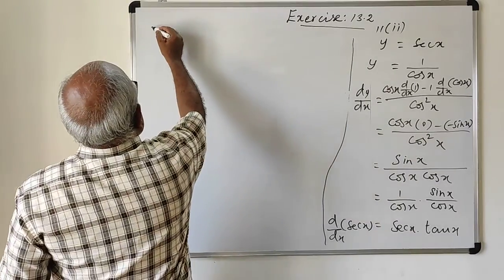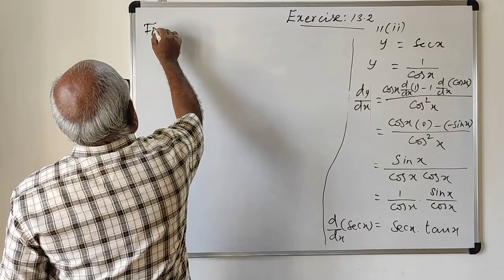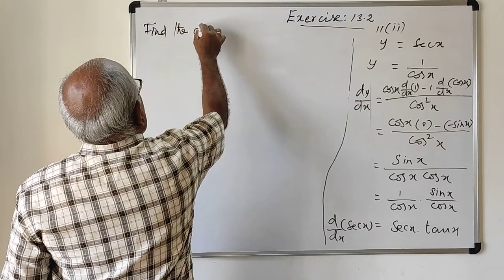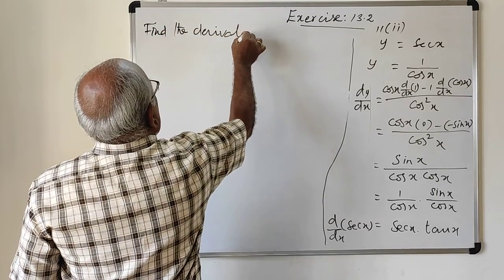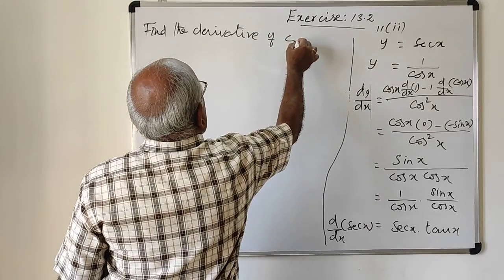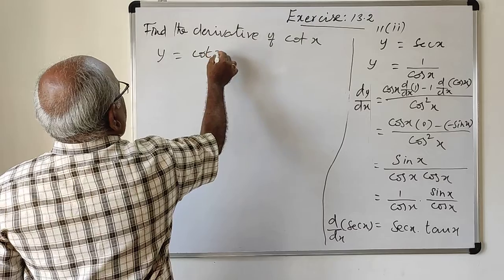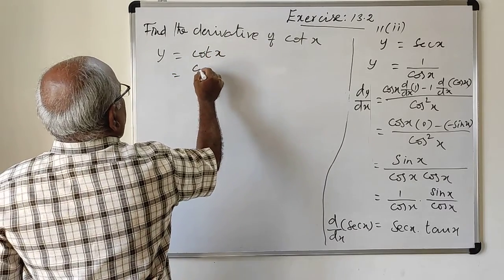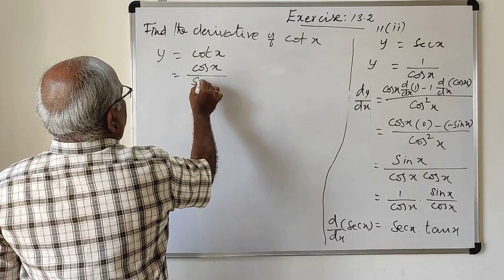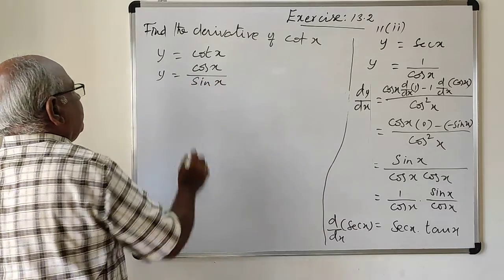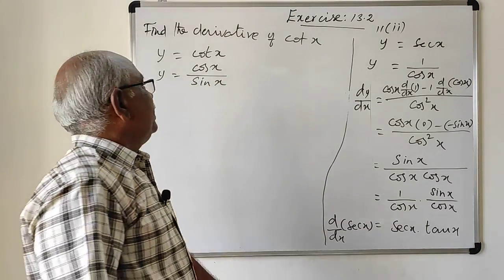You consider the function y as cot x, and cot x you can write as cos x by sin x. This is y. Cot x can be expressed as cos by sin.